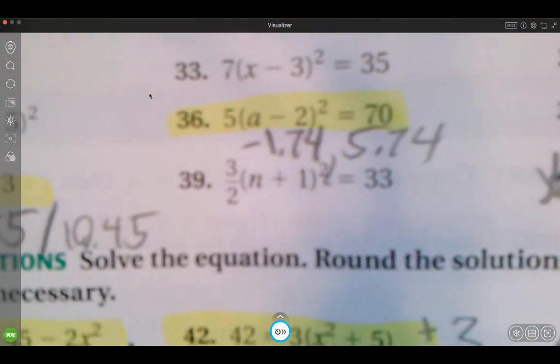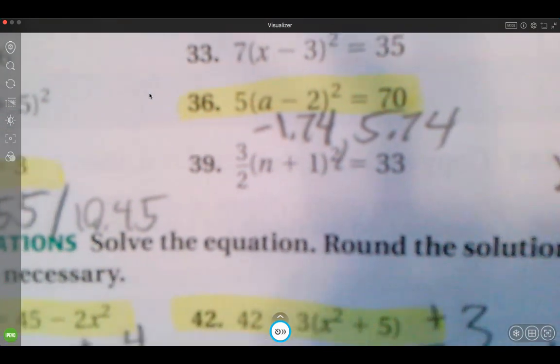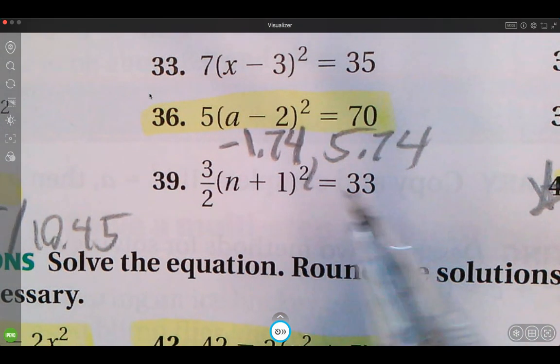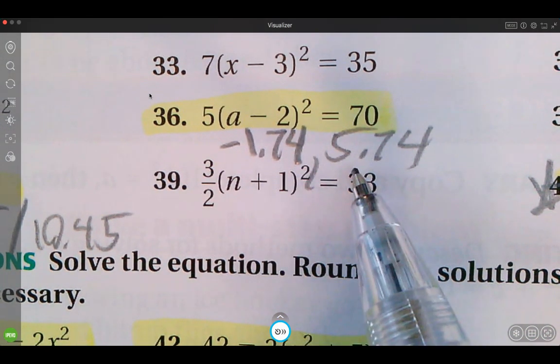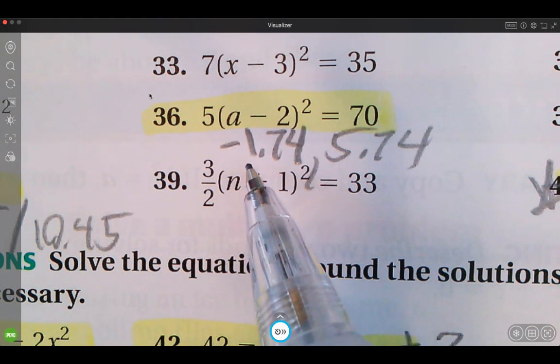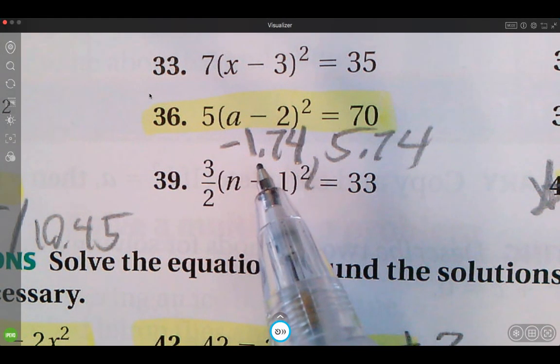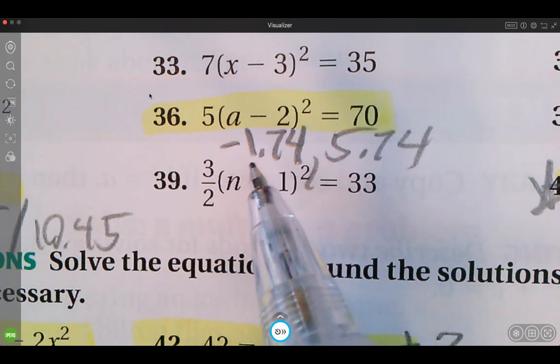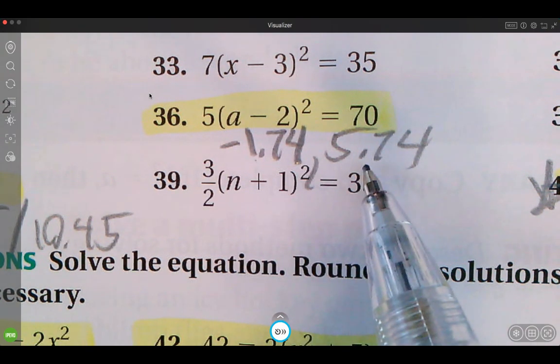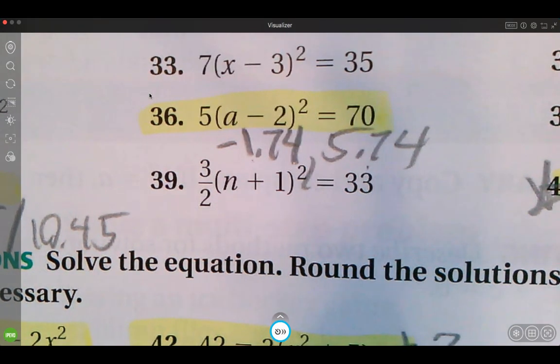That brought us to some more challenging questions. These were the type where whenever you see the parentheses and then it's squared, you're going to end up with two totally different numbers. So this one, if it was a positive, the answer was negative 1.74 and 5.74.